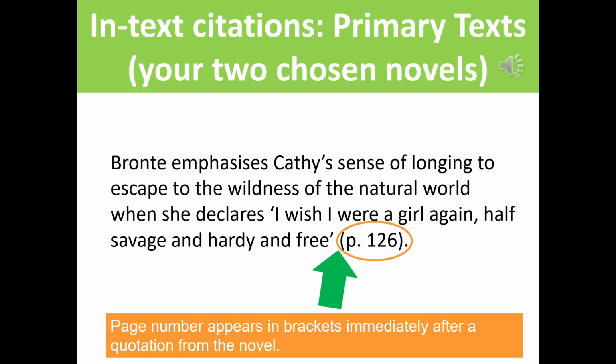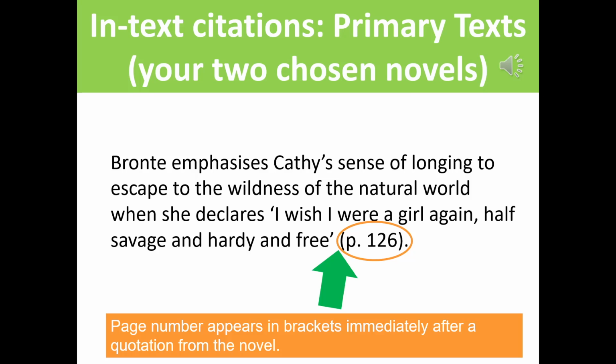So the first type of in-text citation you're going to be using is one for a primary text. By a primary text, we mean one of the 2 novels that you're writing about. So every time you give a quote from one of your novels, immediately after the quote, you need to give the page number that that quote came from in brackets.